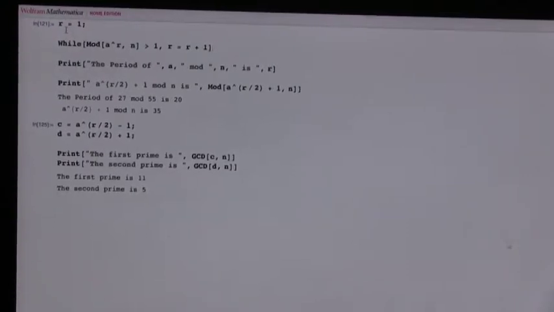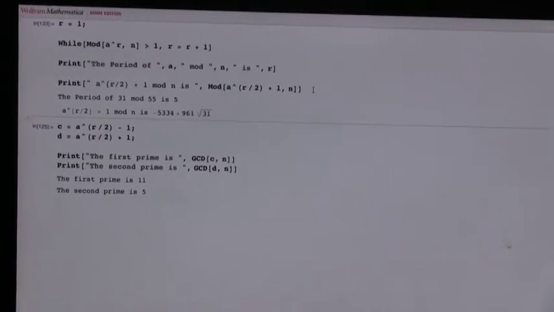We start with a counter r set equal to 1 and evaluate a to the r mod our number, where a is 31 and the number is 55. While that's bigger than 1, we keep looping and increasing the value of r. When it equals 1, we stop and it tells us what the period is. So the period of 31 mod 55 is 5.